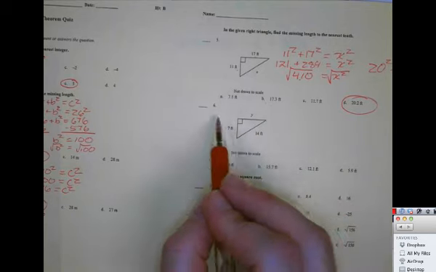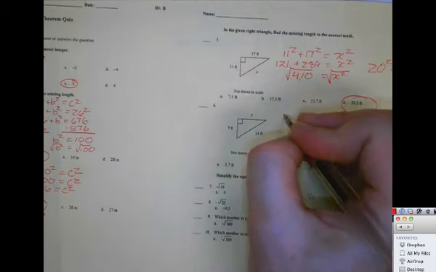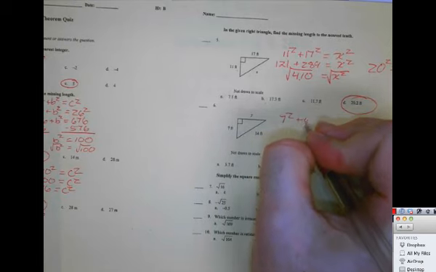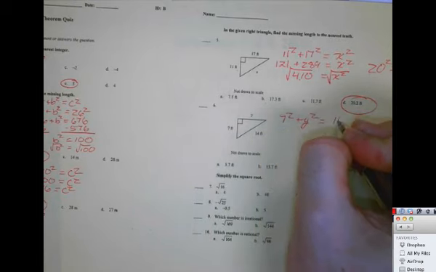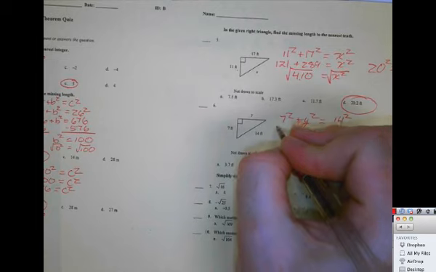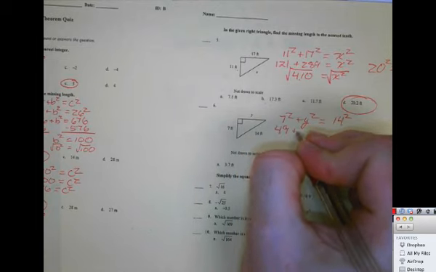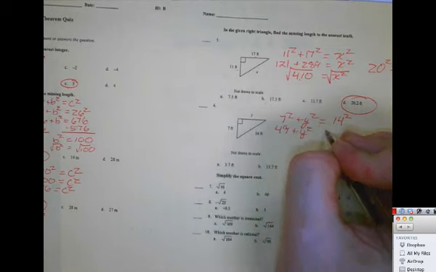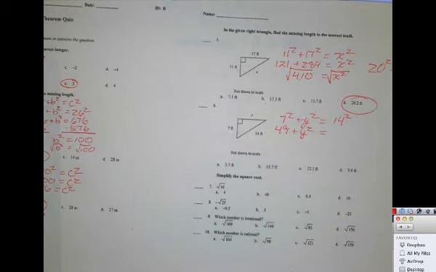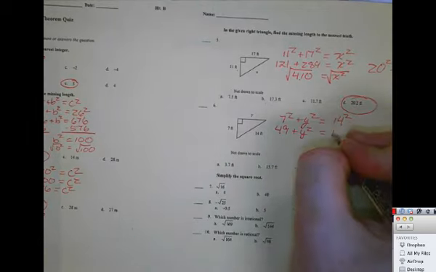Next, we have 7 squared plus y squared is equal to 14 squared. 7 squared is 49. That's not too hard. We got our y squared. I'm pretty sure 14 squared is 196, but I'll double check. Yep, 196.